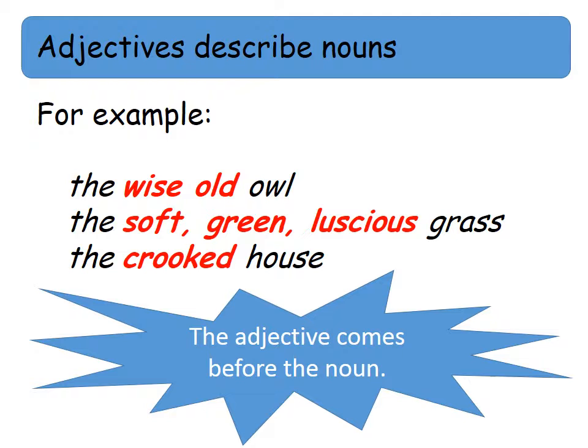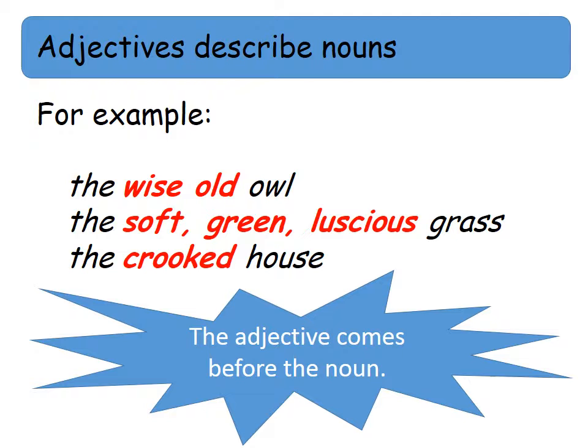Firstly, adjectives describe nouns. So let's look at some examples. The wise old owl. Here, wise and old are describing the owl, describing that thing. And so those are the adjectives. The soft, green, luscious grass.